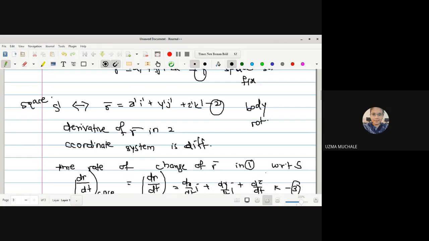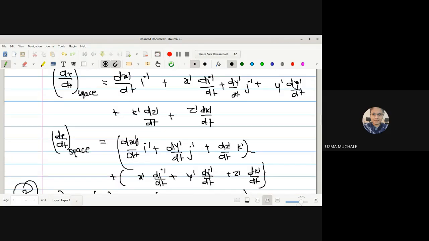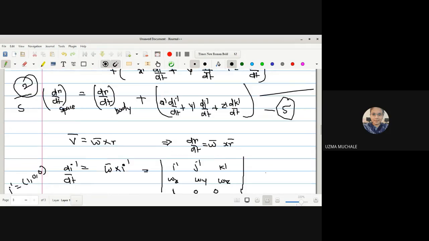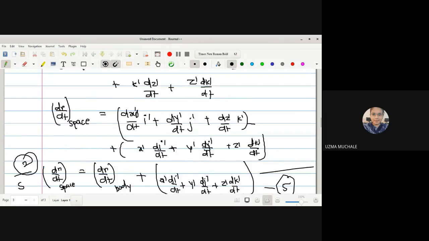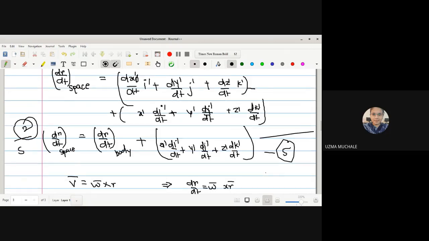Equation 2 is in the body set of axes. i dash, j dash, k dash will not be treated as constants, so we have to differentiate them. After differentiating, keep terms in one bracket and you will get the value of the first bracket from equation 4, which is dr by dt in the body set of axes.